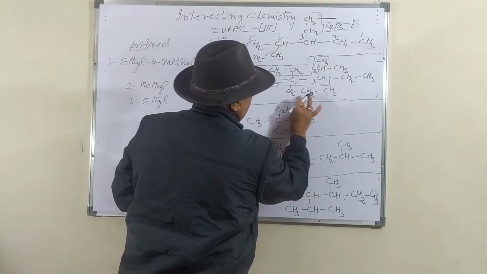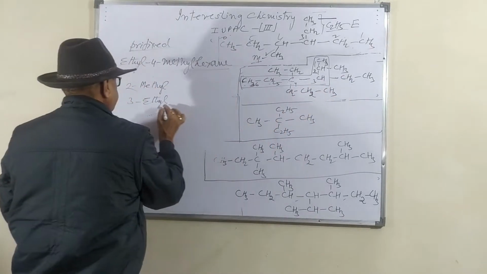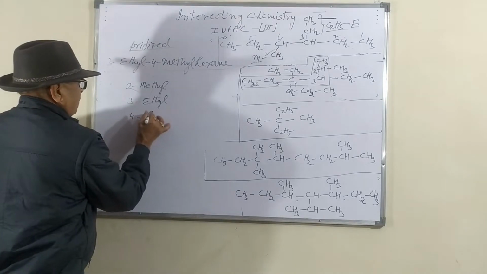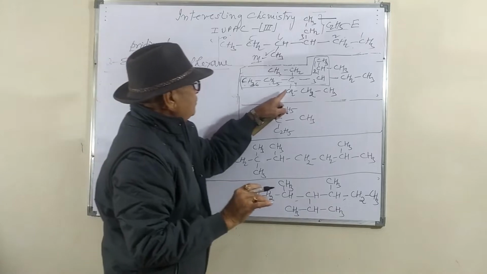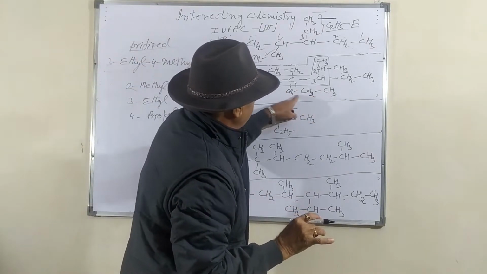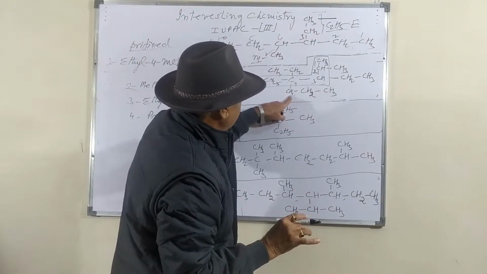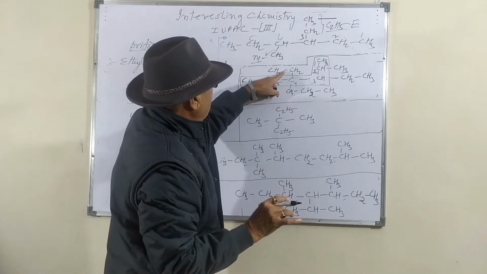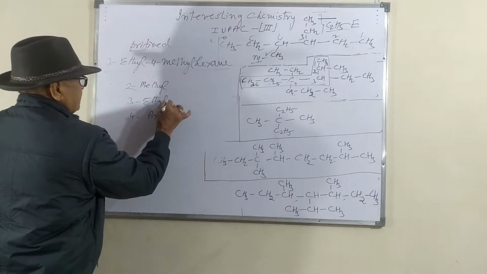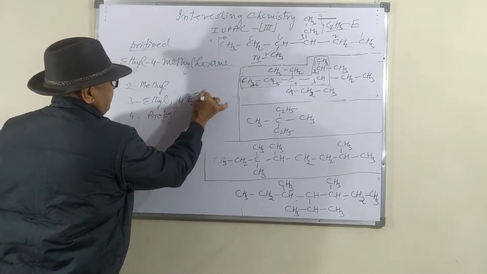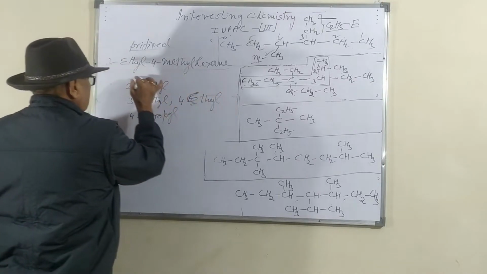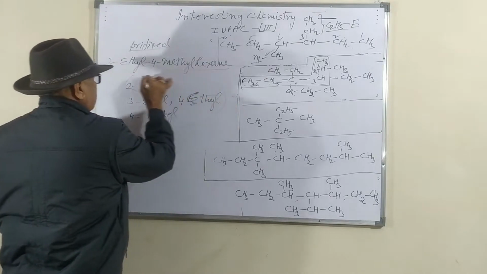And 4 is propyl, 1, 2, 3, three carbons, so it is propyl. So 4-propyl and 4-ethyl. There are 4 substituent groups.